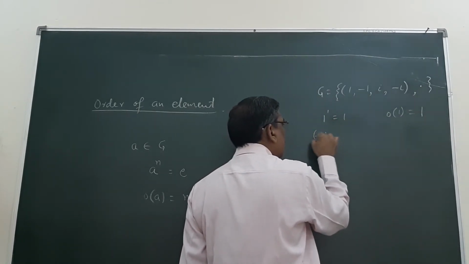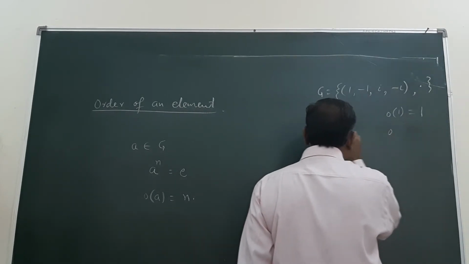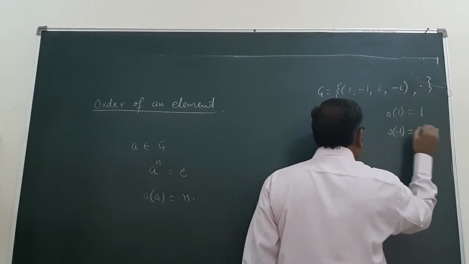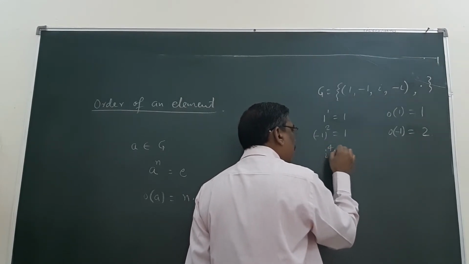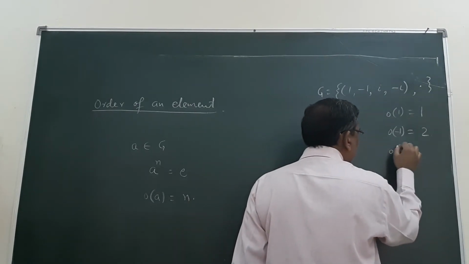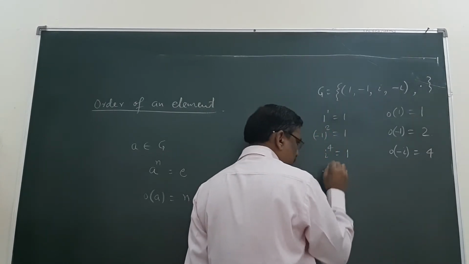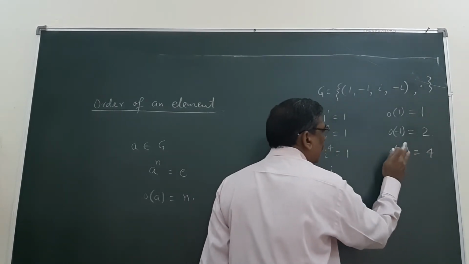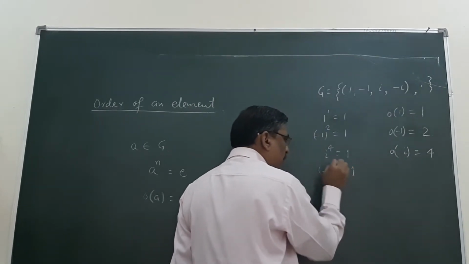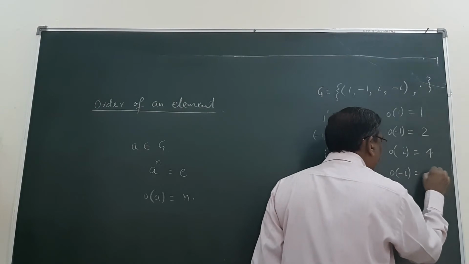Now (-1) squared gives us the identity for the first time, so the order of -1 is 2. Iota raised to the power 4 gives us the identity for the first time, so the order of iota is 4, and for -iota the 4th power gives us the identity for the first time, so the order of -iota is again 4.